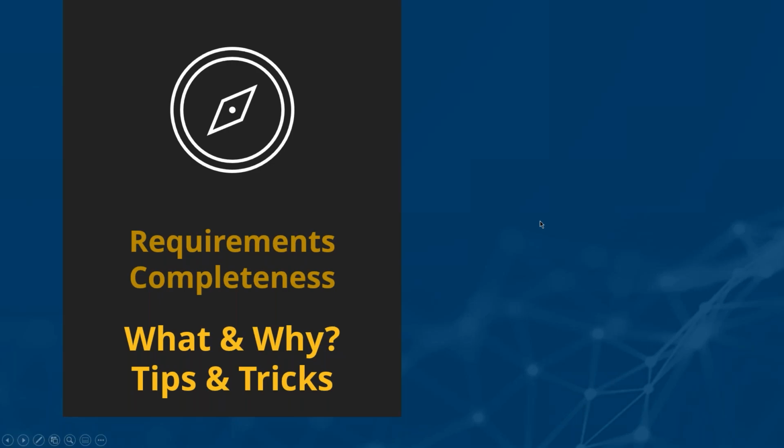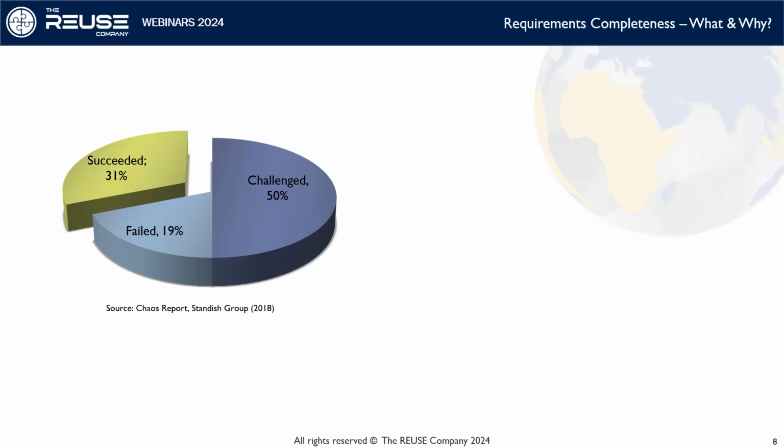So let's start with this pie chart extracted from the Chaos Report of the Standish Group in 2018, which is basically giving information about how many software engineering projects succeed, fail, and get challenged in cost and schedule.